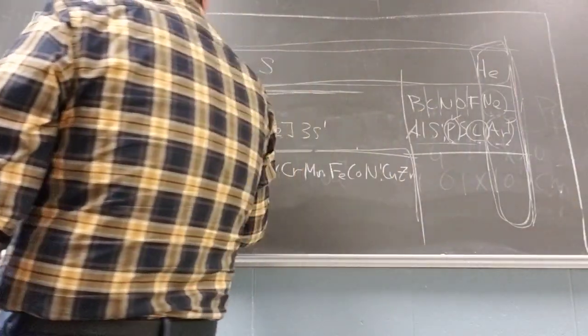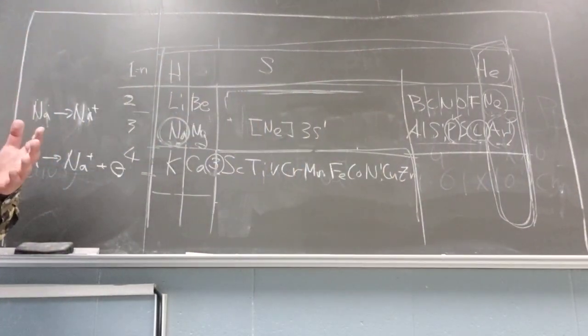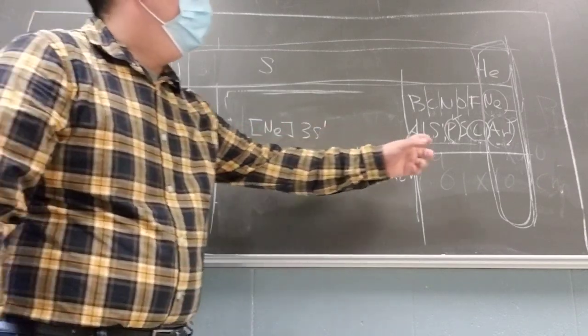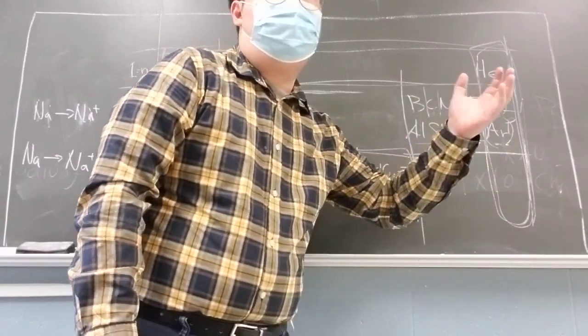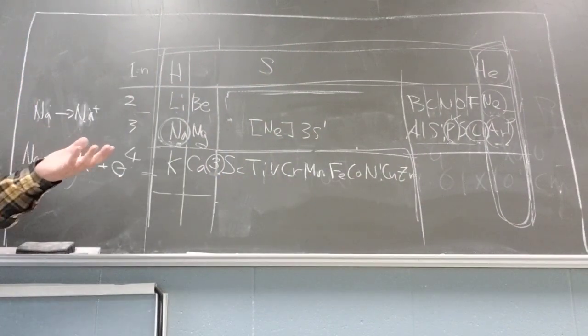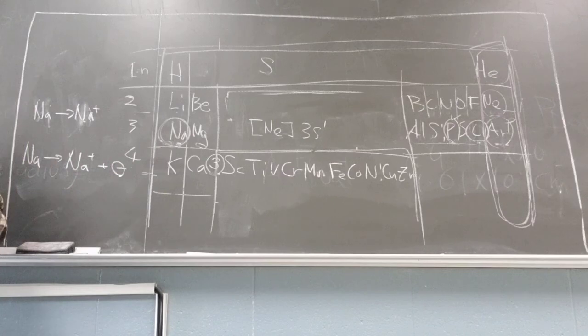For sodium, if they can lose just 1 electron, they can be in the form of what? Noble gas in electron configuration form. They're not going to be neon because they don't have the same proton numbers, right? That's the identity of the chemical. But electron configuration wise, they can be similar to that of neon. So that's why alkali metals always give up the electrons and become cations in water.